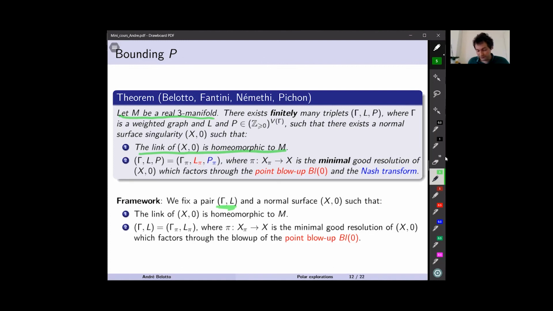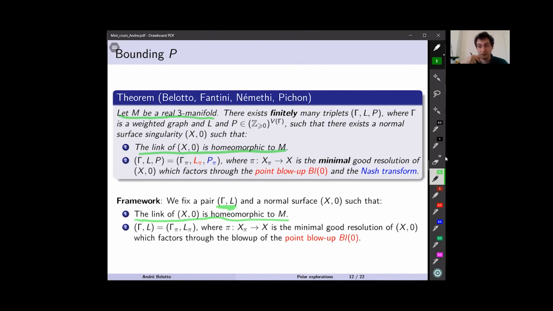And a normal surface singularity such that, again, the link is M. We're fixing the topology. And this is the pair that we are considering, where the resolution is the minimum good resolution, which factors through the blow up of the maximal ideal.